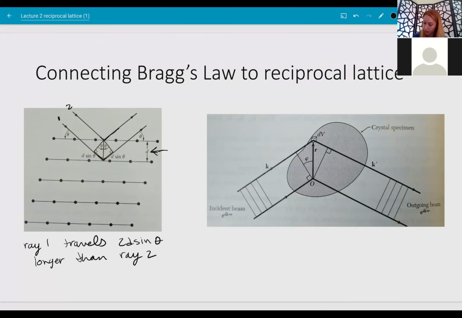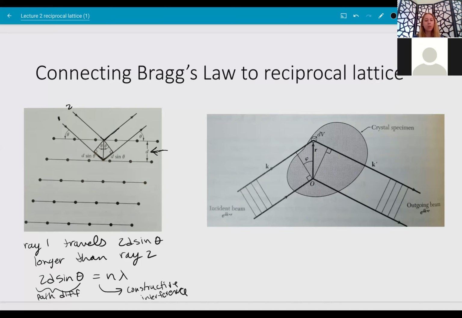This path difference needs to be equal to some integer times the wavelength for constructive interference. And this is just Bragg's law.